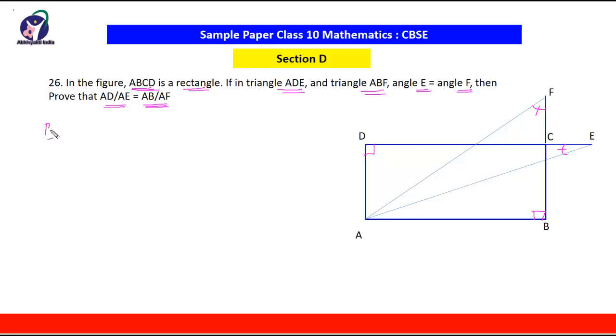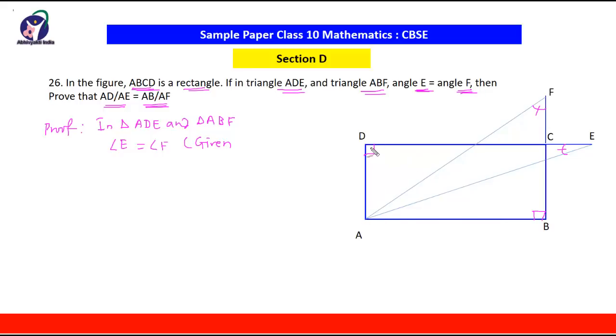Then prove that in triangle ADE and triangle ABF, it is given that angle E is equal to angle F. Now angle D and angle B are also equal because each is 90 degrees.